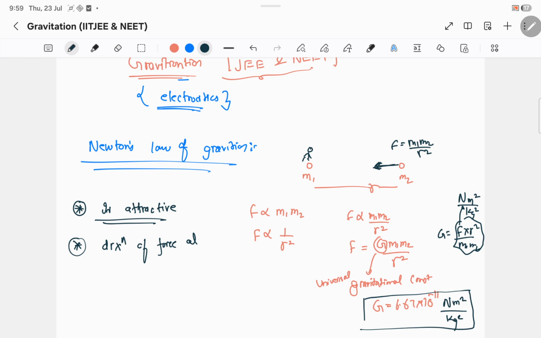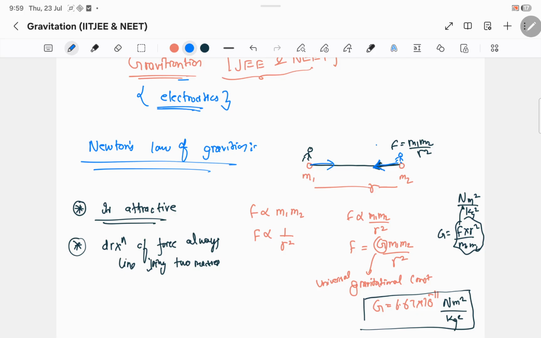Or you can say the direction of force will always be along the line joining the two masses. If I join these two masses, this is the line joining them, so the force direction will be this. So m1 will attract m2 in this direction, and if you are observing from m2, it will attract in this direction.